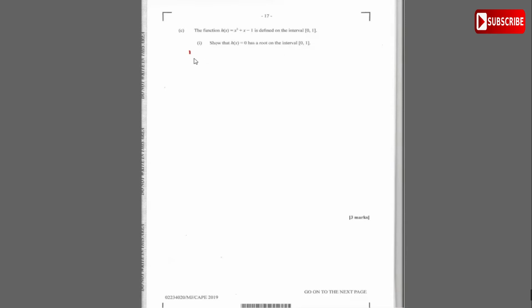So first, we're going to plug in h of 0. Plugging in h of 0, you get 0 cubed plus 0 minus 1. So h of 0 is minus 1, which is less than 0. And then you need to plug in 1. When you plug in 1, you get 1 cubed is 1 plus 1 is 2. 2 minus 1 is 1. And that's greater than 0.